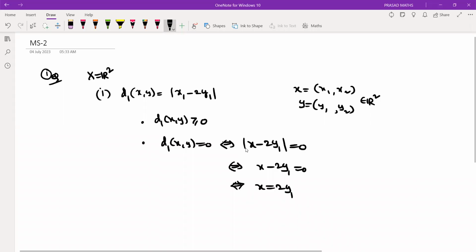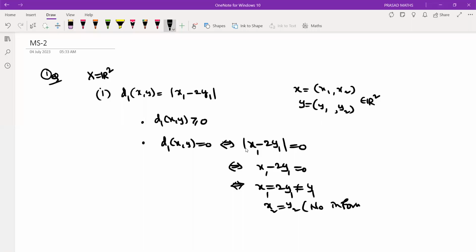But this is not exactly the same as x equals y, because I don't know whether x2 equals y2 or not. There is no information about this.